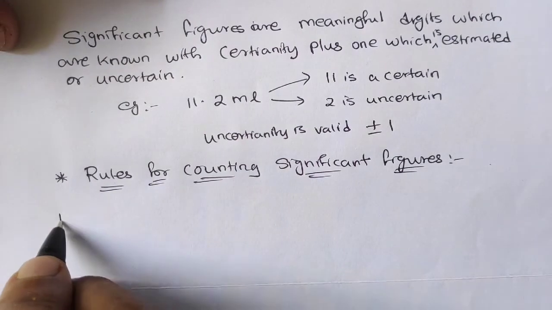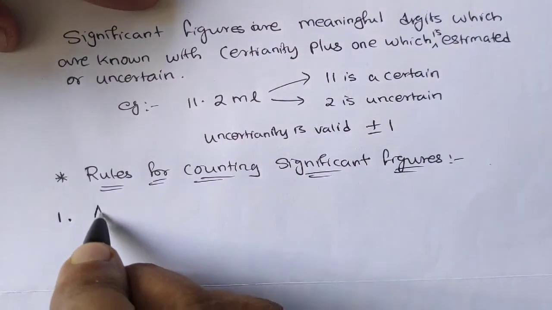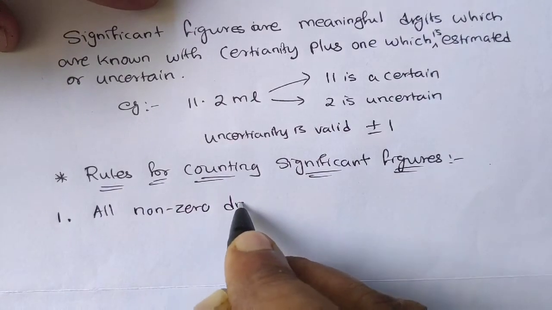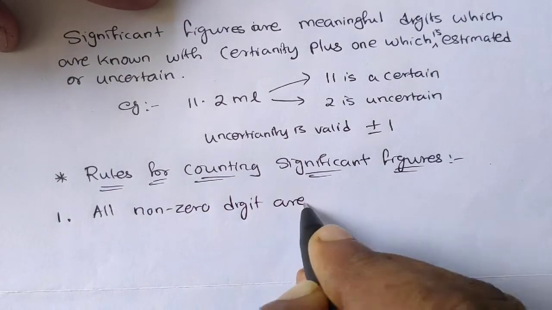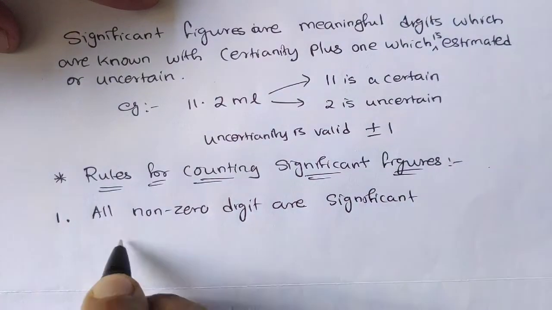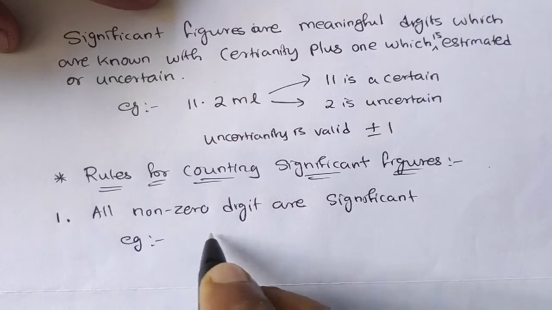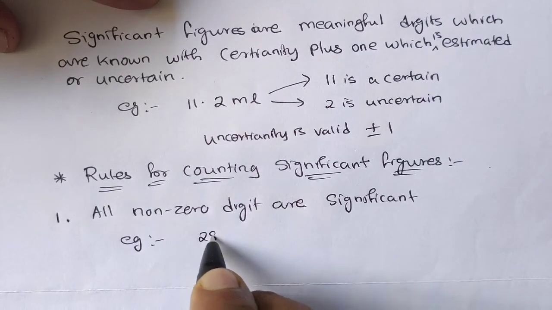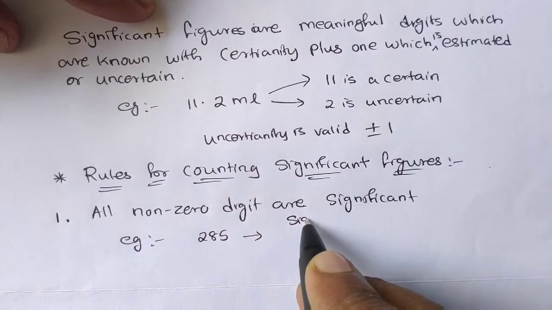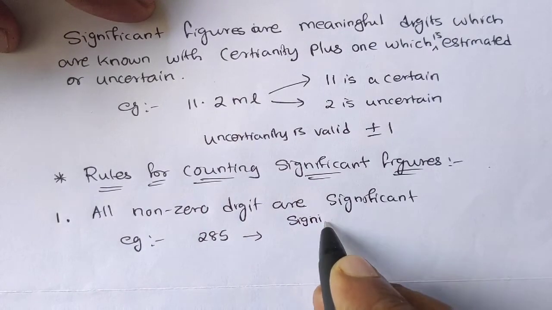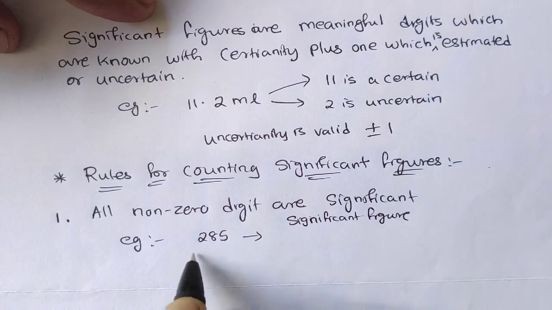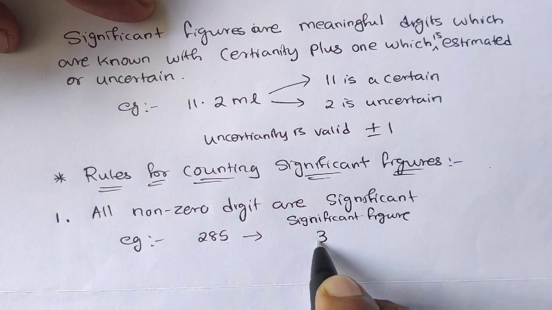First, all non-zero digits are significant. What is the meaning of that? We'll explain it through an example. Suppose a number is 285. How many significant figures? All are non-zero, so the significant figures are 3.